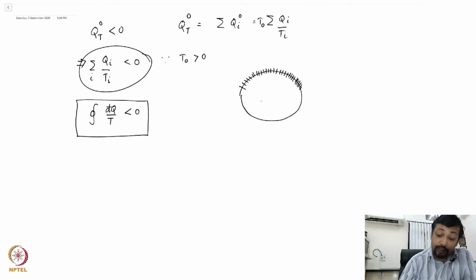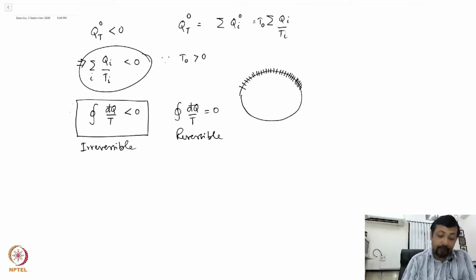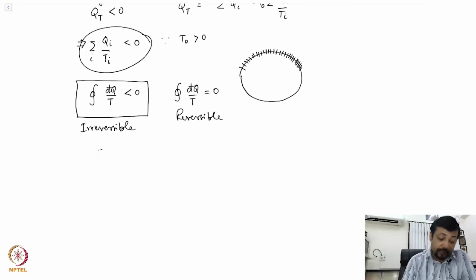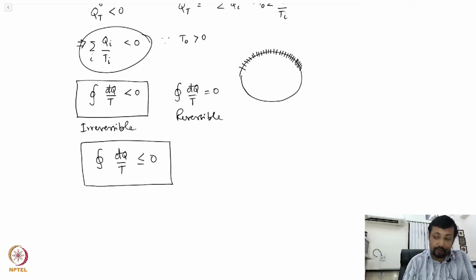So whenever the processes involved in the system are not reversible, in the reversible case we saw that the integral of d cut q over T is equal to 0, and for irreversible processes this integral must be less than 0. If I combine these two, it follows that for any arbitrary process I must have the integral of d cut q over T less than or equal to 0.